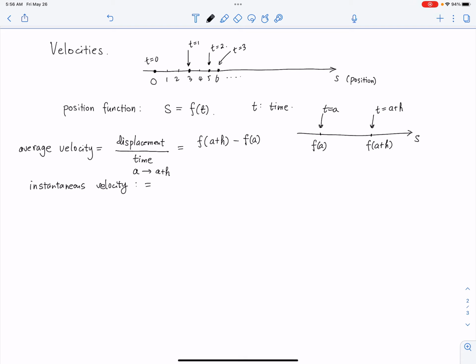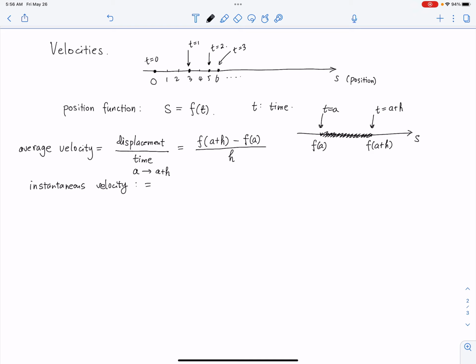And your average velocity will be how far you cover divided by the time it takes to cover that. That will be h. So the denominator will be h. So that's average velocity.